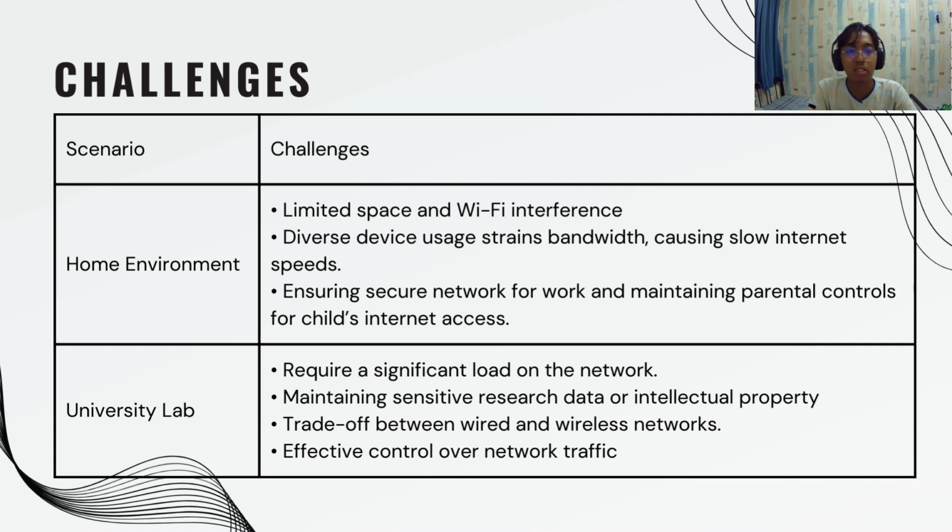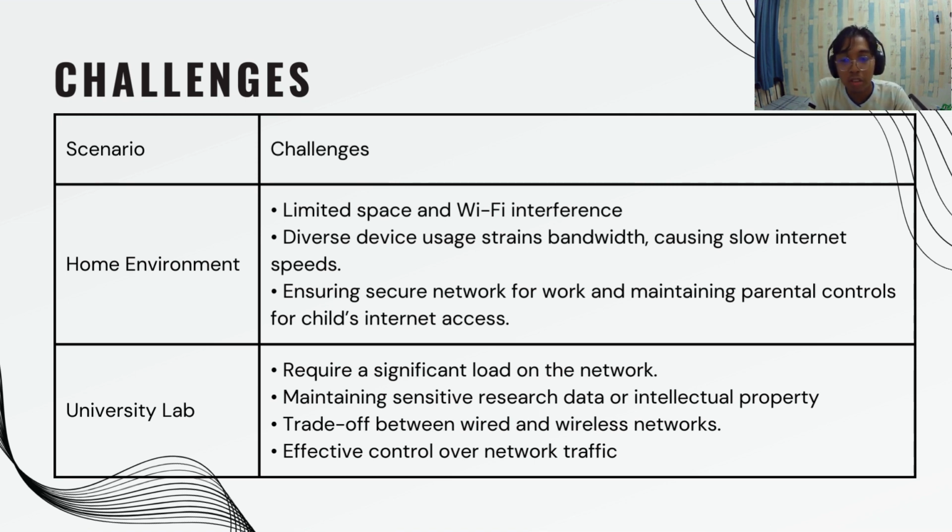Okay, for the last challenge in the lab environment is effective control over network traffic. With multiple users and diverse activities within a university lab, controlling and prioritizing network traffic is essential. Certain applications or experiments may require a higher priority to ensure smooth operation.